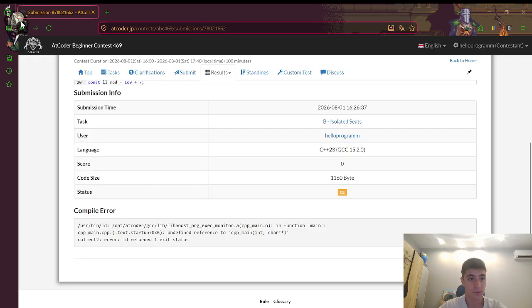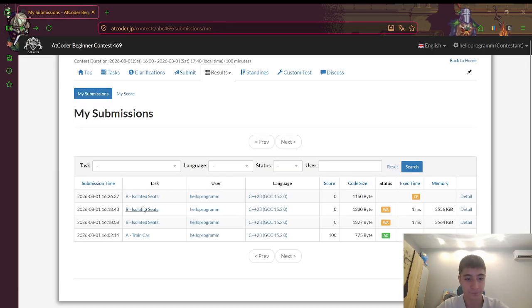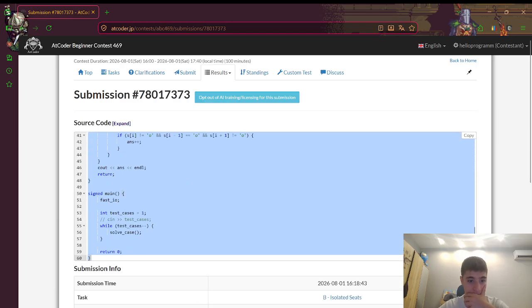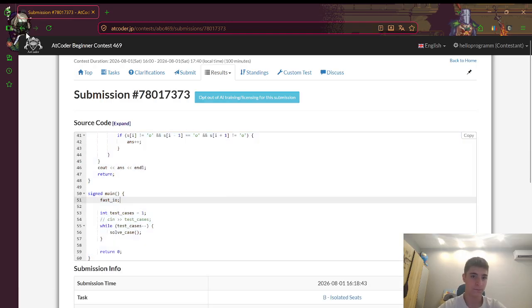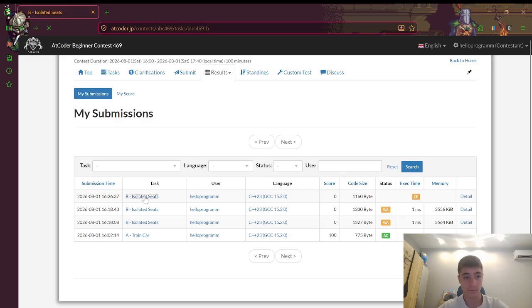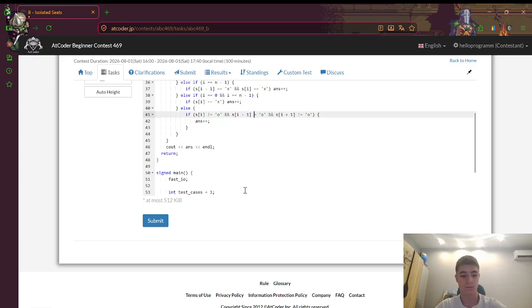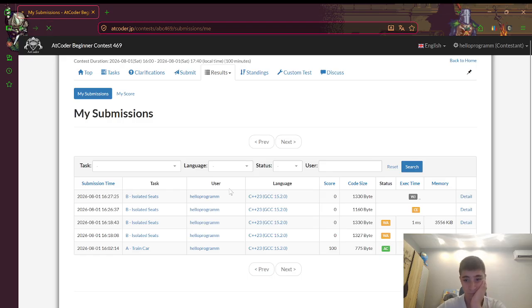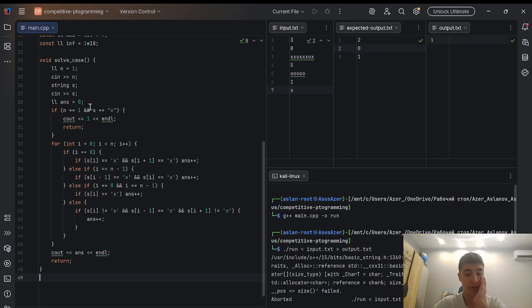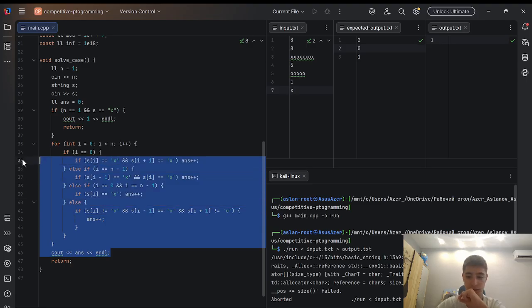Okay, so... oh, seriously, I don't know why this idea with X and X right there doesn't work, but I'm glad that I solved the B task.